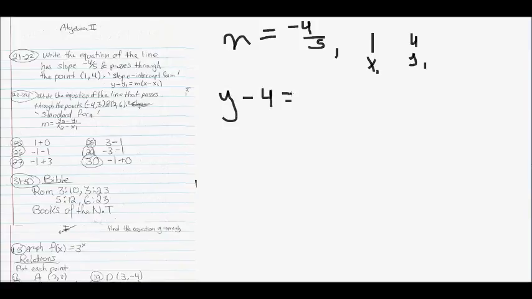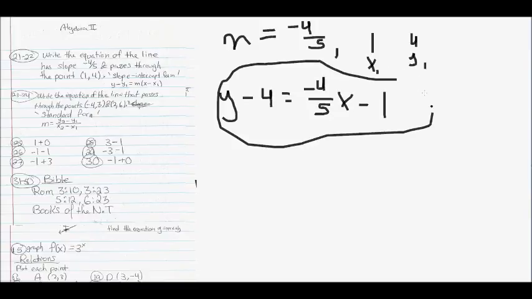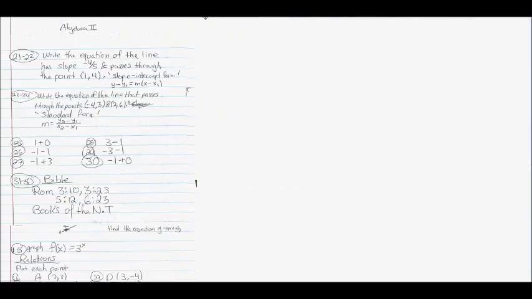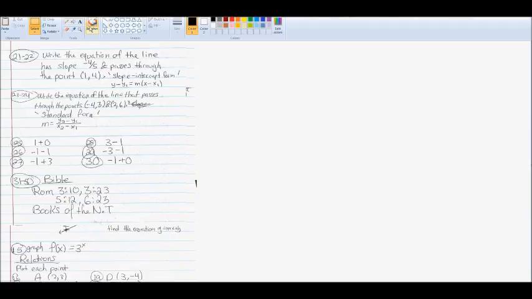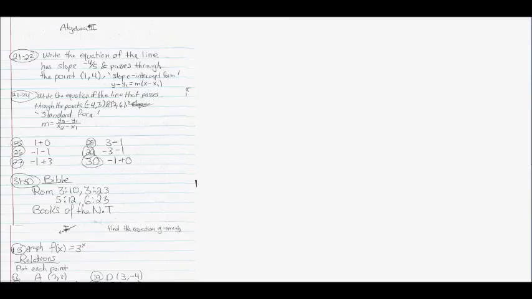So in the form I wrote there, it's going to be y minus y1, which is 4, equals m, which is negative 4 over 5, and then put down the x, minus x1, which is going to be 1. Alright, and that is the answer for that. That's exactly how you would do it. Not difficult at all. See, this test is very easy. Mr. Raj is doing it right now with you all.